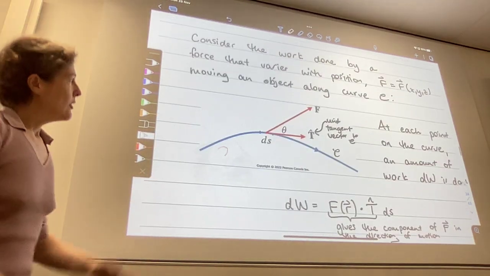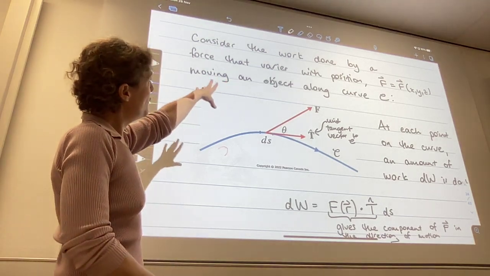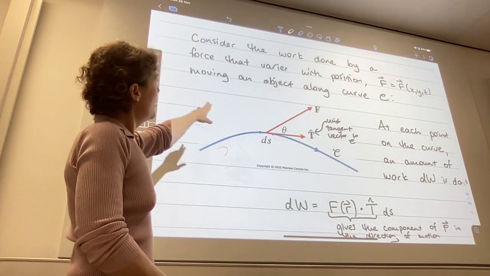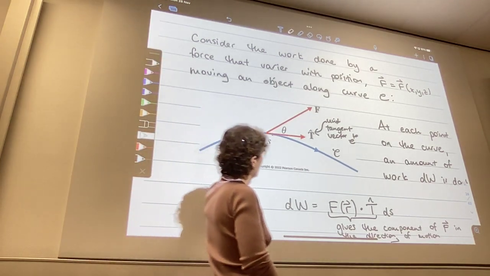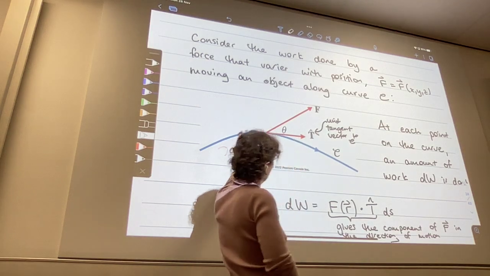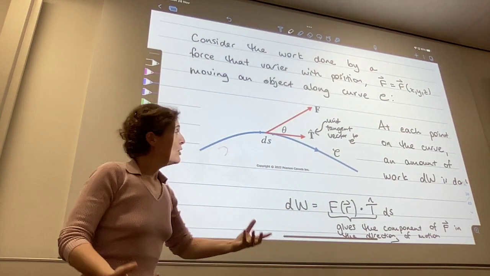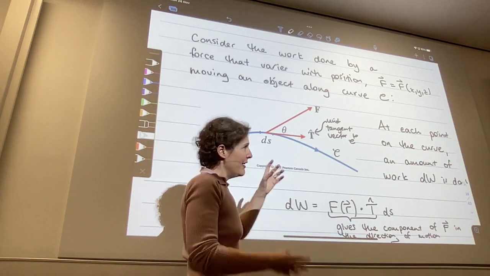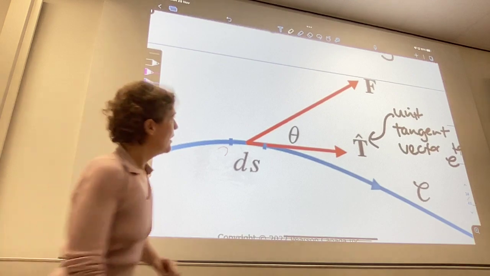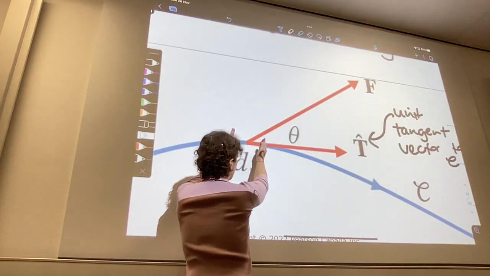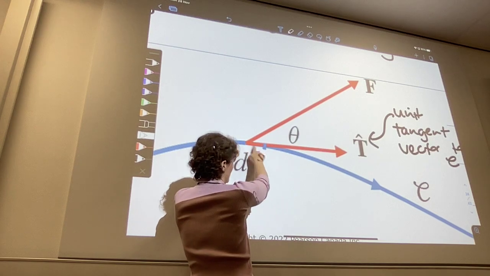Well, to put it into the language that we've been using, suppose we want to think about the work done by a force that varies with position, moving an object along a curve C. Okay, so we're going to move our object along here, and at various different points, the force is different. Well, then what we really want to do is we want to say, okay, let's do what we always do. Let's zoom in. And then we're going to say, okay, let's just consider this tiny little bit, which is where the force is almost constant and this is almost flat.